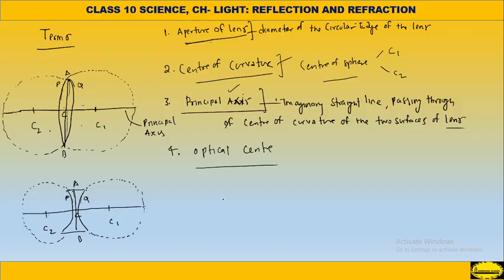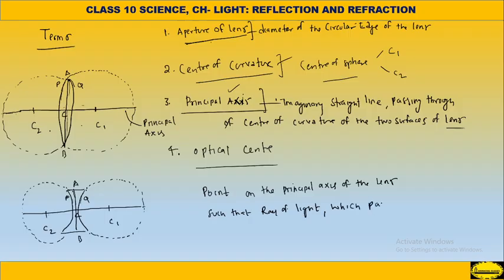Optical center of the lens is a point on the principal axis of the lens, such that the ray of light which passes through the optical center goes through it without any deviation.